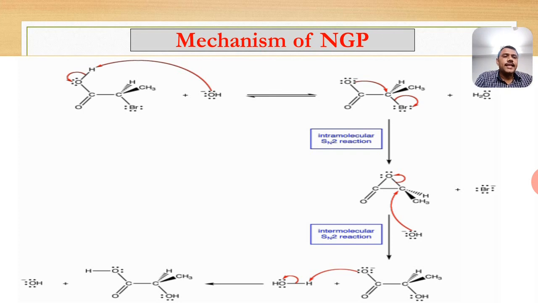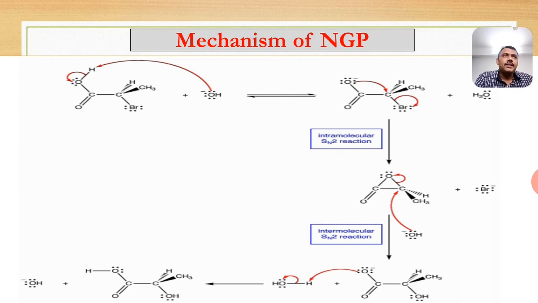Now in the second step, the hydroxyl ion, OH minus, donates an electron pair, that is, attacks. This is the external nucleophile. In the second step the external nucleophile attacks the bridged ion, which pushes the migrating group back to its original position. This is an intermolecular nucleophilic substitution reaction, which also obeys the SN2 type.